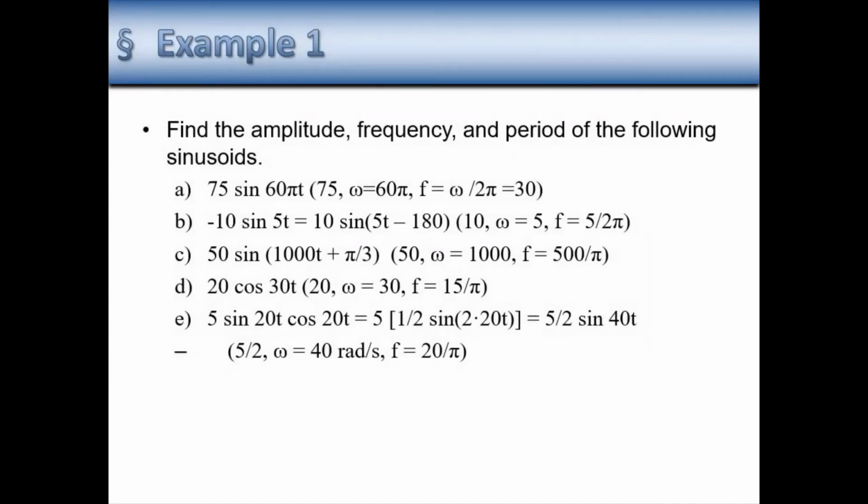So let's have some examples to have a good grasp of what a sinusoid is. Here we're asked for the amplitude, frequency, and period of the following sinusoids. So let's go over these examples.